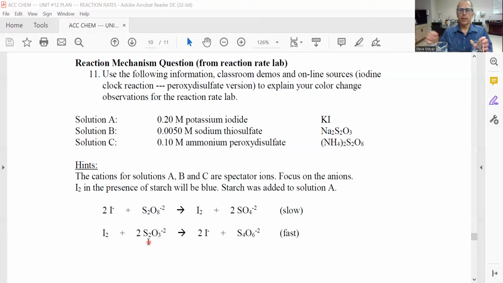Now, what happened in your lab is you had some B in there originally. So when you combine that, I might just write these things down here so we can see this. Let's draw it in. This is A. This is C. This is blue.